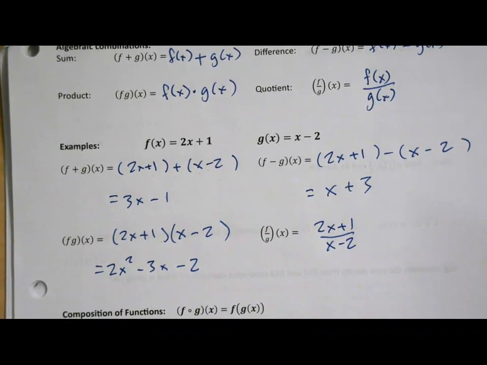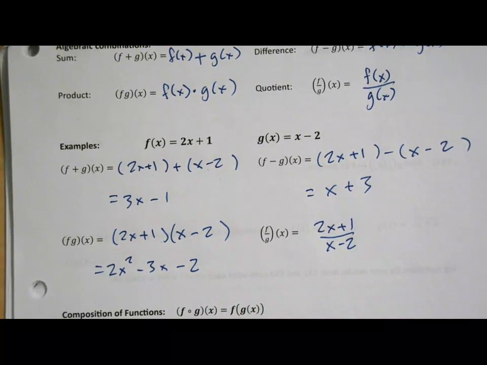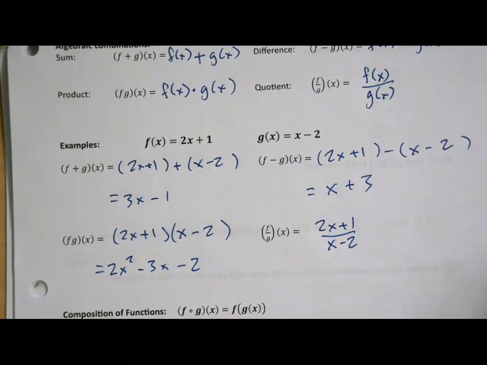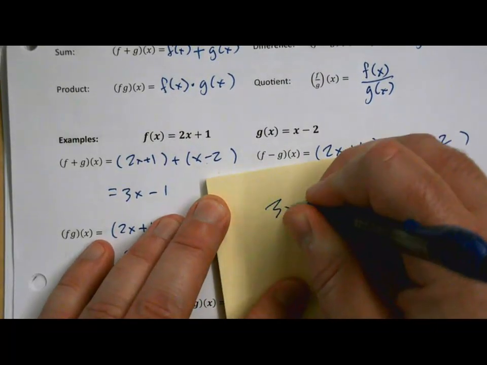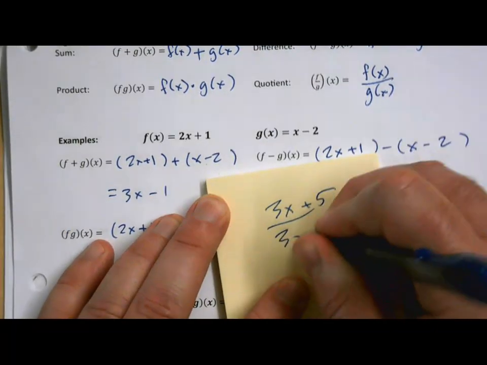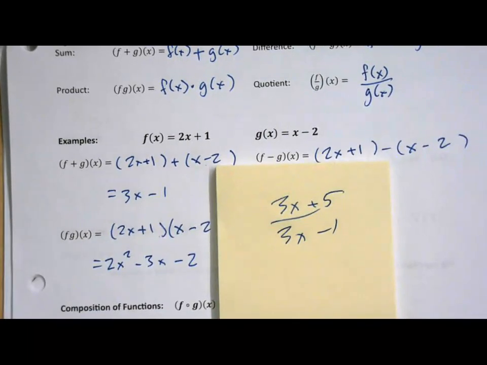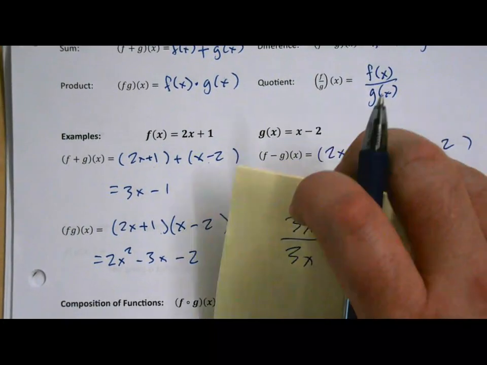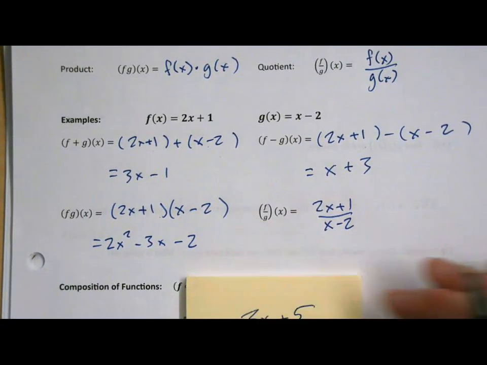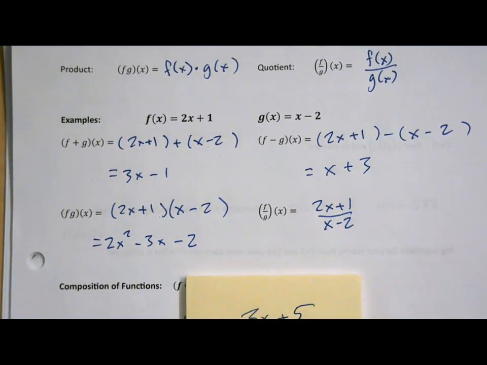You are allowed to cancel sometimes in fractions if you have 2 things that match, but those 2 things must be what? They must match each other, yes, but it's not just anything that matches, because this x matches this x. Like if I had 3x plus 5 over 3x minus 1, 3x and 3x can match, but I can't cancel those. Absolutely not. The only way you can cancel 2 things in a fraction is if they are both factors of the numerator and the denominator.